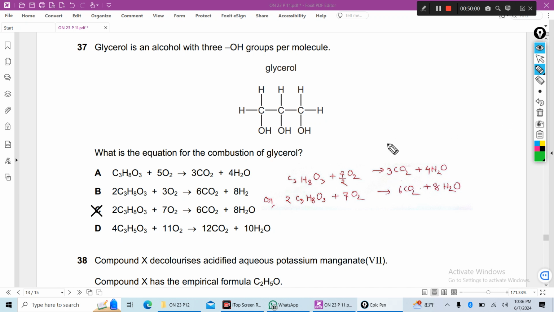So here 3 carbon, 3 mole carbon dioxide, 8 hydrogen means 4 mole water. Now you count it. 3 times 2 is 6 oxygen plus 4 oxygen. Total, the right hand side has 10 oxygen. Now the left hand side has 3 oxygen.